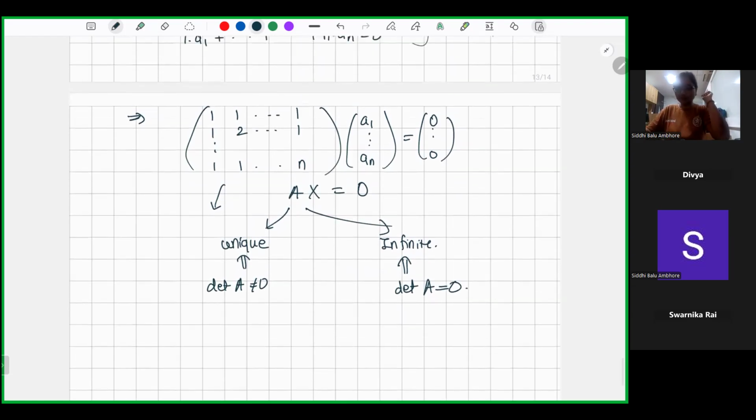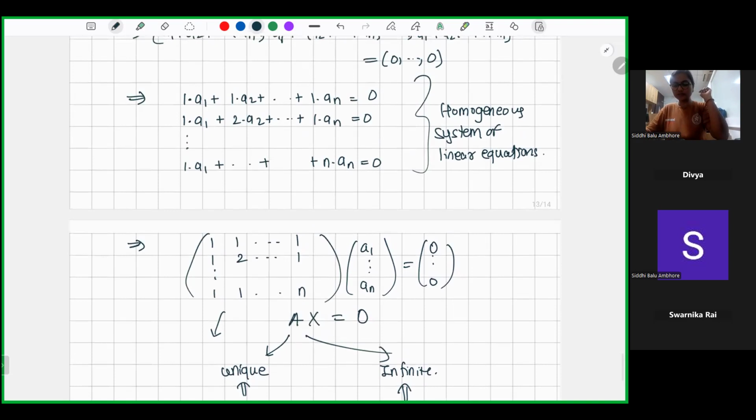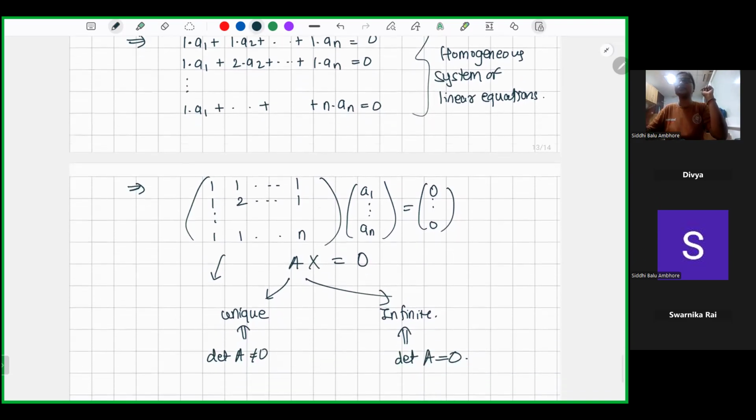What do you think the determinant of this matrix will be?